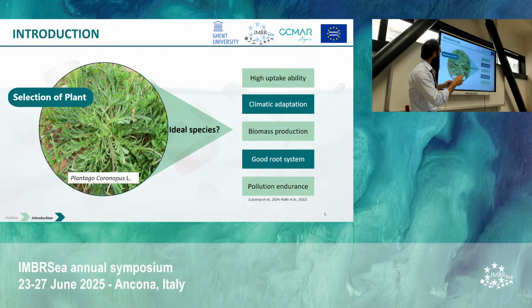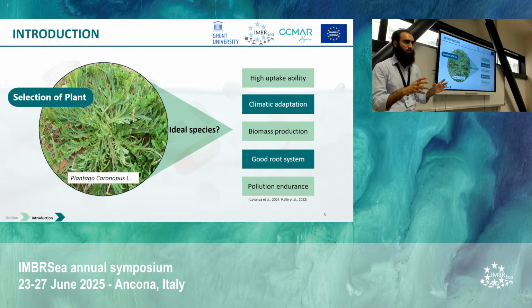When we are selecting a species, it is important to know whether it has high uptake ability, whether it can tolerate different climatic conditions, and how much biomass it produces. If a species produces high biomass, it is good for phytoremediation. We also need to see the root system.